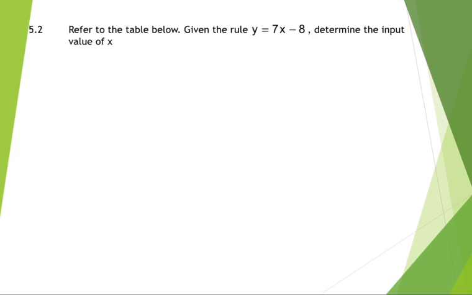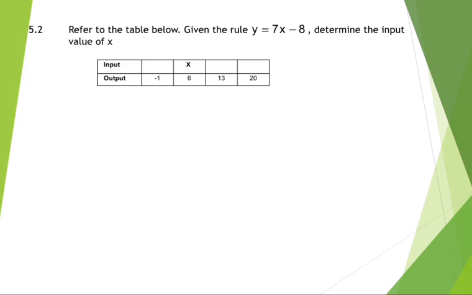Refer to the rule y. Given the rule y is equal to 7x minus 8, determine the input value of x. Let's see the input value of x. The output is 6 when the input is x. So we take now that rule.